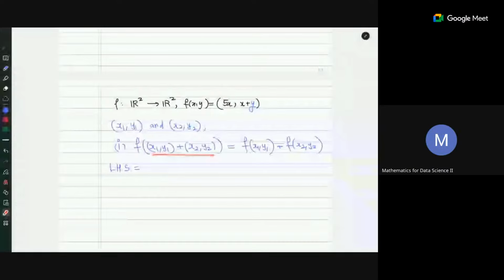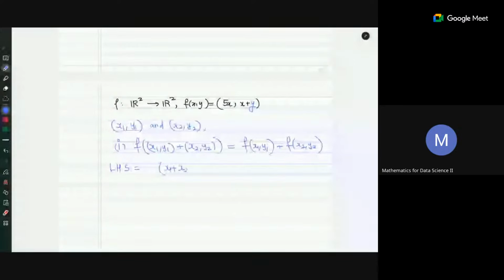What is the addition? (x1 plus x2, y1 plus y2). Exactly. Now you apply the function. What is the function value? 5 times (x1 plus x2), comma, x1 plus x2 plus y1 plus y2.